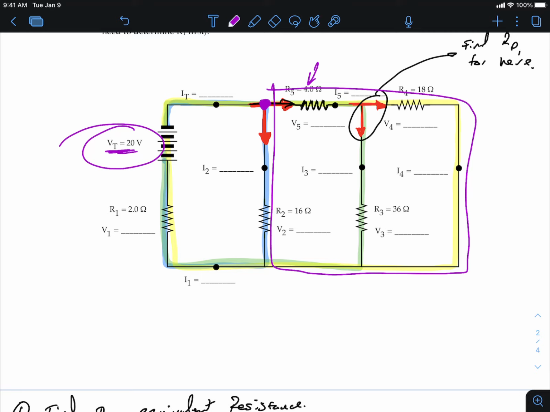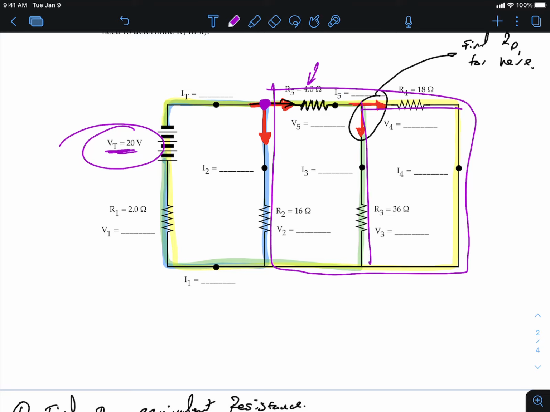Okay, and so what this equivalent resistance is doing is calculating, it's not an average, but it's almost like an average. It's keeping track of, there's no way for it to keep track of whether it went this way or that way.